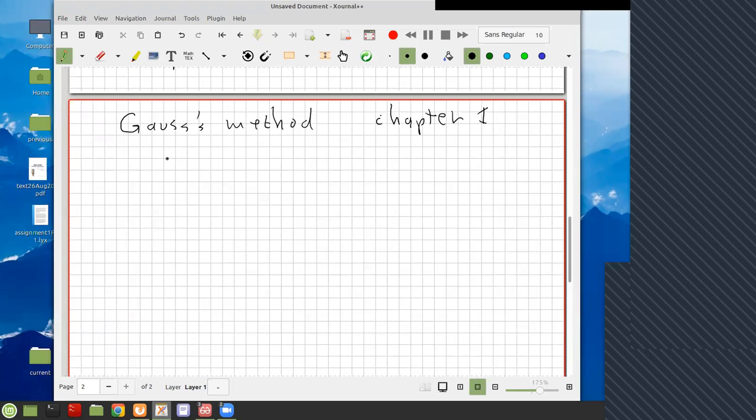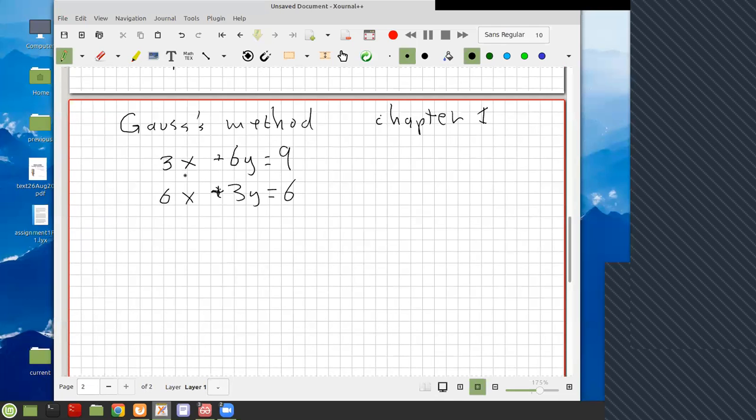As an example, let's try 3x plus 6y equals, say, 9, and 6x plus 3y equals 6. Okay, I have no idea how complicated or simple this solution is.